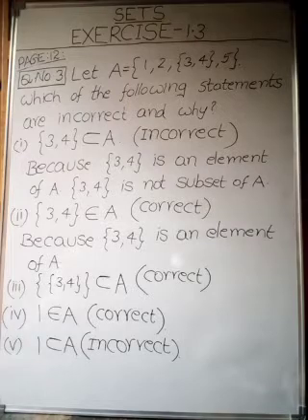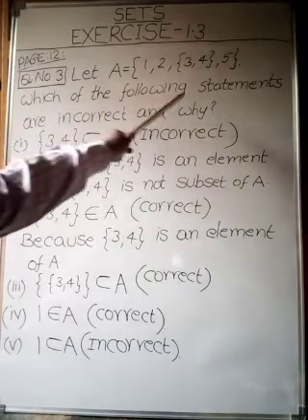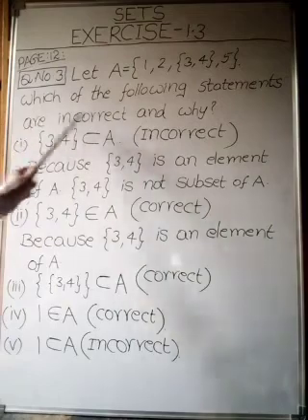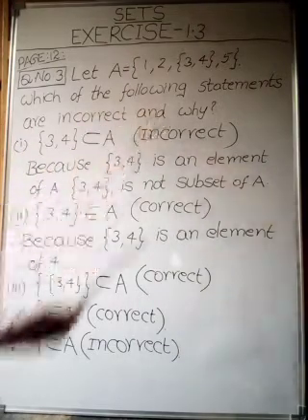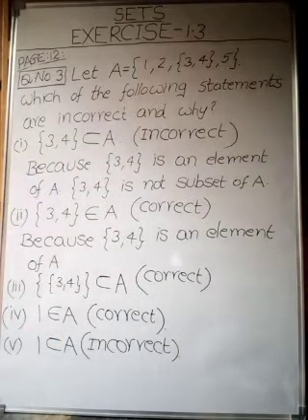Okay, my dear children. Now, which of the following statements are incorrect and why? We have to write the reason also, if the statement is incorrect, if the statement is false. Understood, my dear children? Right.